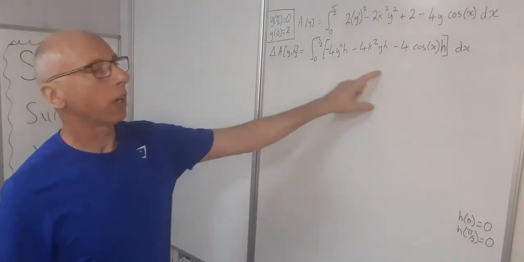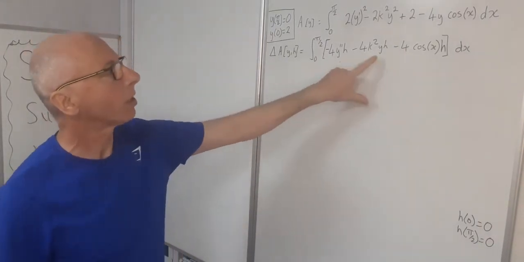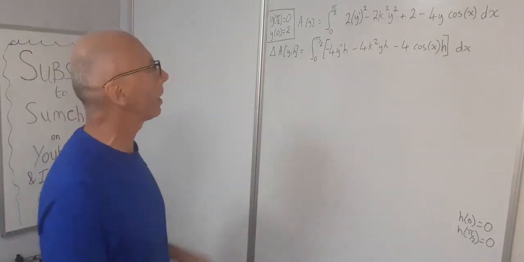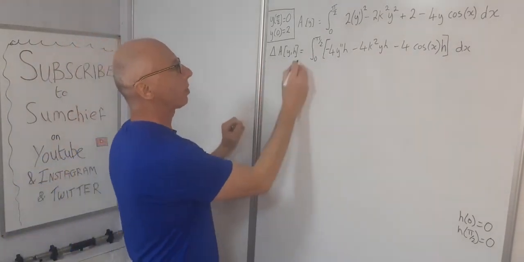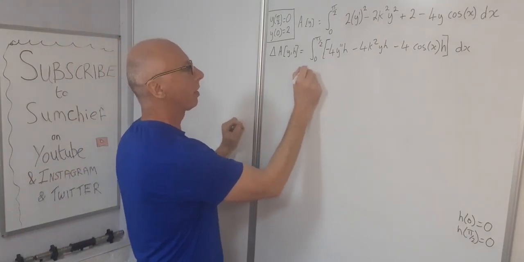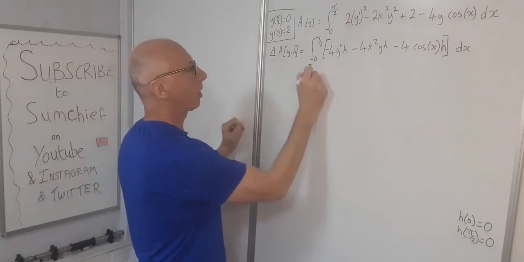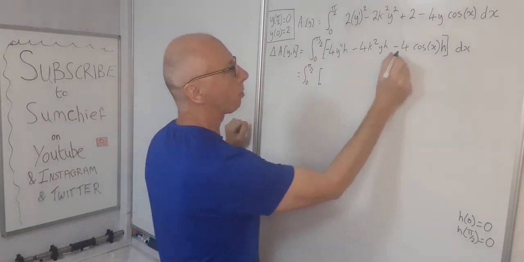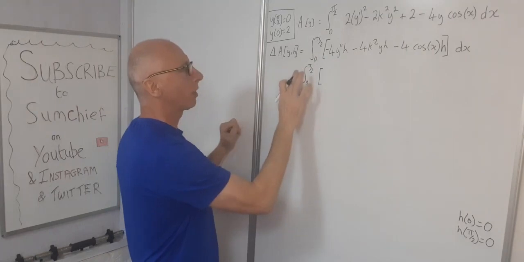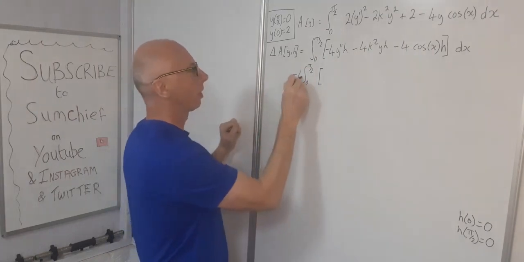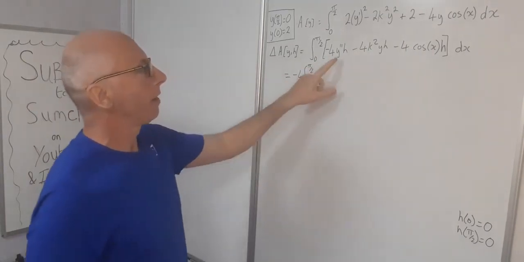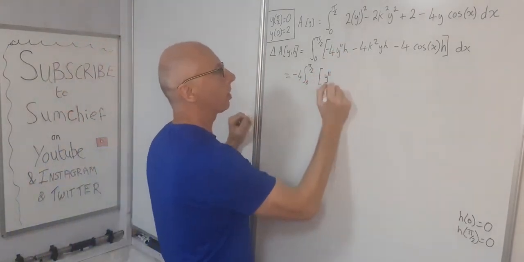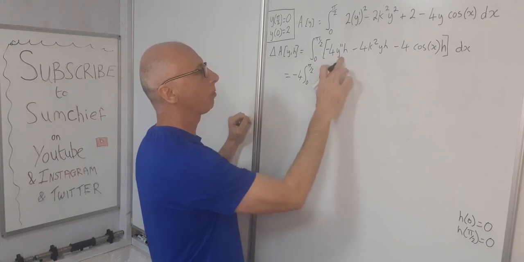Now I'm just going to rewrite it now, because this next stage is going to help us. If I factor out this h and rewrite the function with h factored out. So our Gateaux differential, we can write like this, from 0 to pi over 2, and then I've got minus 4, minus 4, minus 4. So I'm going to bring that minus 4 out to the front. And then continue here now with this factorisation without the h. So I've got y double prime. So I've got my minus 4.